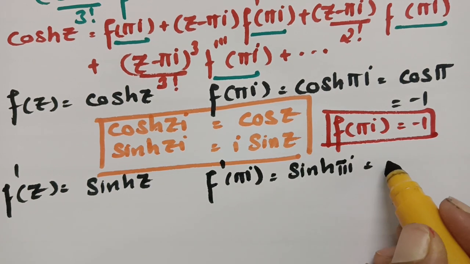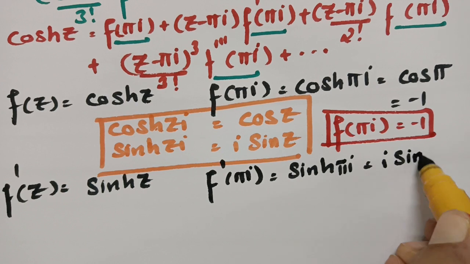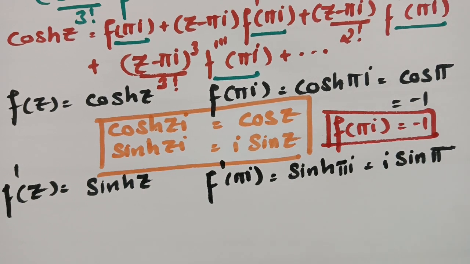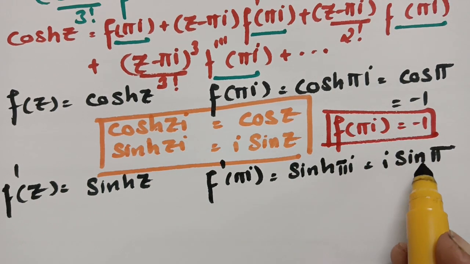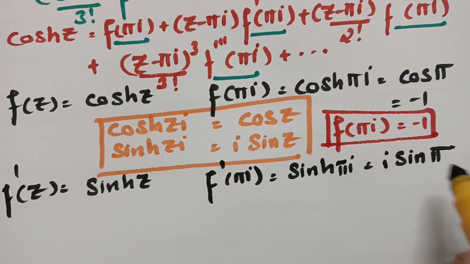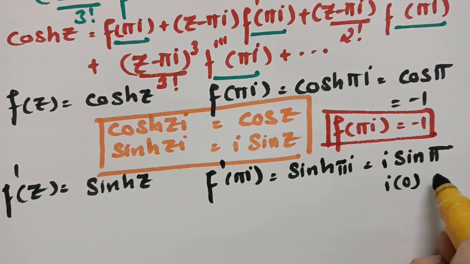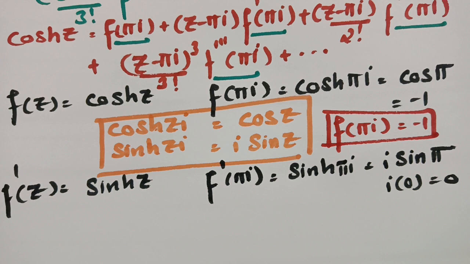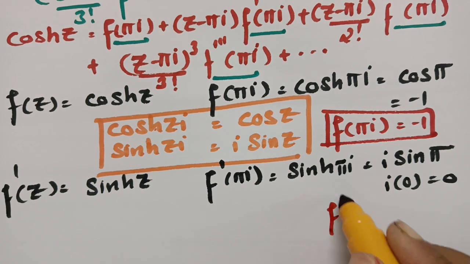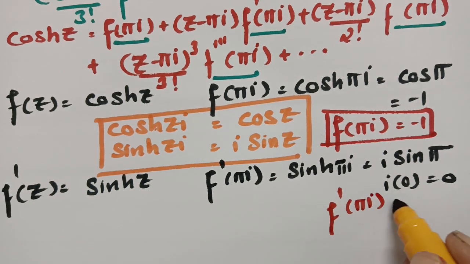This I comes out, and only the trigonometric function sine pi remains. So the hyperbolic turns to a trigonometric function, sine pi, and sine pi value is 0, and we got the value of f dash of pi I as 0.